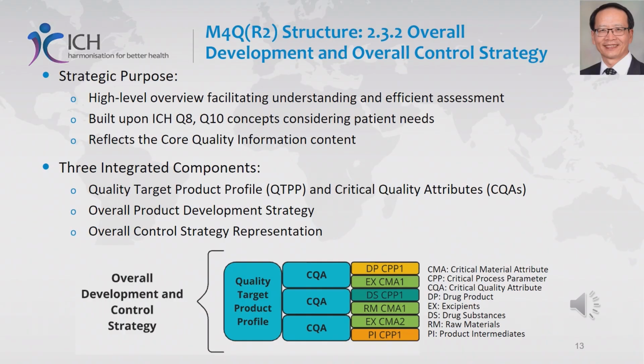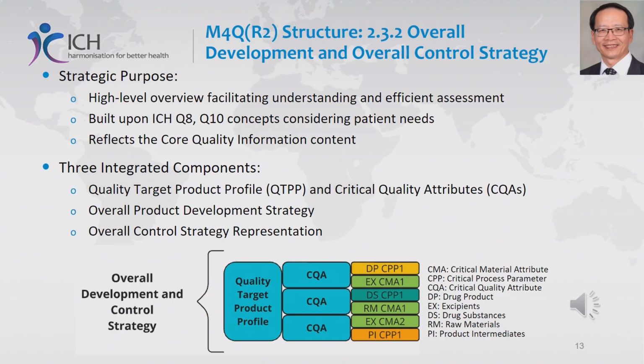This section builds upon the ICH quality guidelines concept, where it considers patients' needs and reflects the core quality information content throughout the 3 integrated components: quality target product profile and the critical quality attributes, overall product development strategy, and overall control strategy. Now this diagram below shows the key relationship among the critical material attributes, the critical process parameters, and the critical quality attributes across drug substance, excipients, and so on.